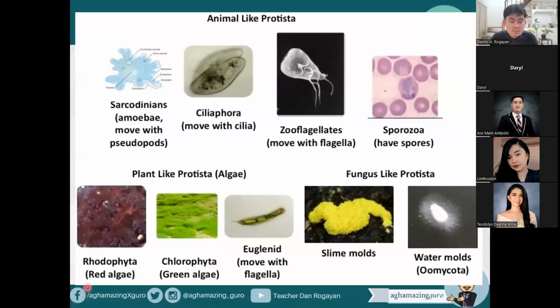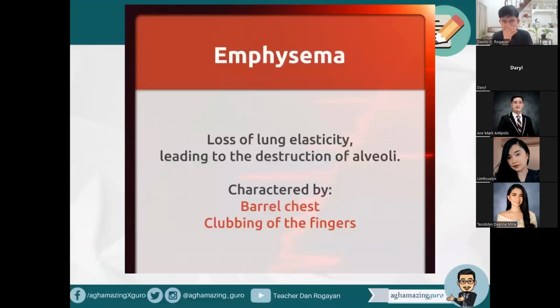All right, so Rhodophyta, the red algae, Chlorophyta, the green algae, the euglenoid or the Euglena, moving with their flagella like the zooflagellates, and of course the fungal-like protists. We have slime molds and water molds, the oomycetes or Oomycota. Okay, or Oomycota.